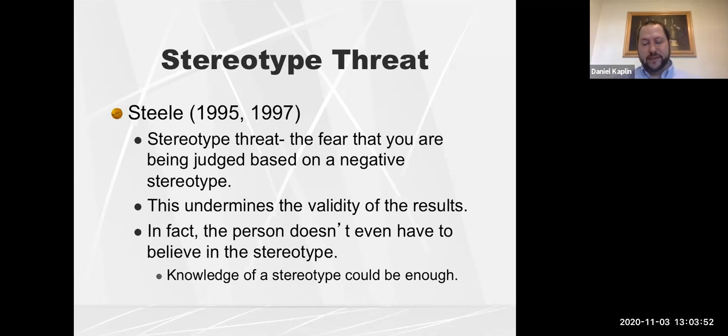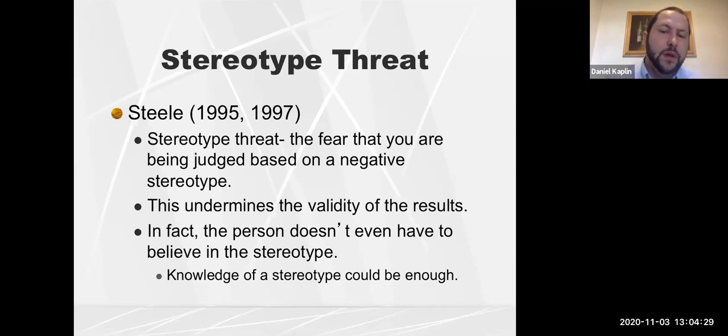So Claude Steele did a study where he had male and female math majors take math tests. In one case, it was just described as a fun activity and just do the best you can. And in another one, it was a measure of mathematical abilities. And what did he find? Only when women were told it was a measure of their mathematical abilities did they actually differ from males in an inferior way. When males and females were told this was just a fun activity, they didn't differ much from one another.